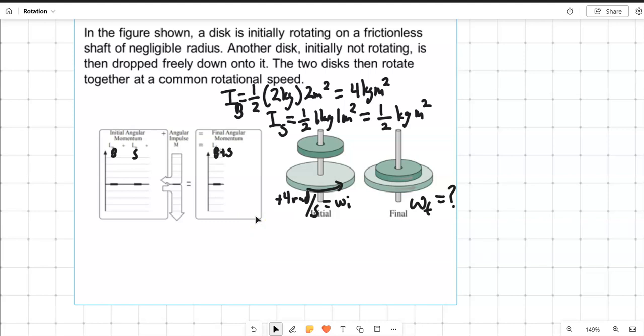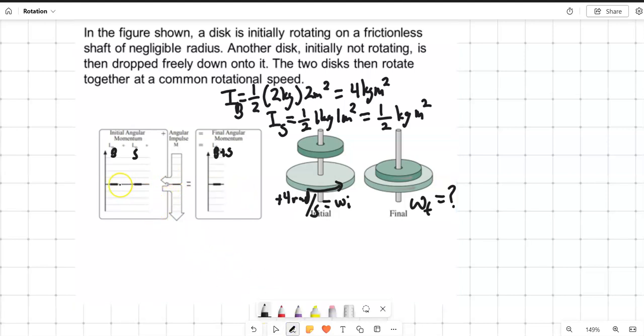So please pause it now. Okay, so in the beginning, the big disk is spinning, and we'll call that 4 blocks. Actually, let's call it 3 blocks.